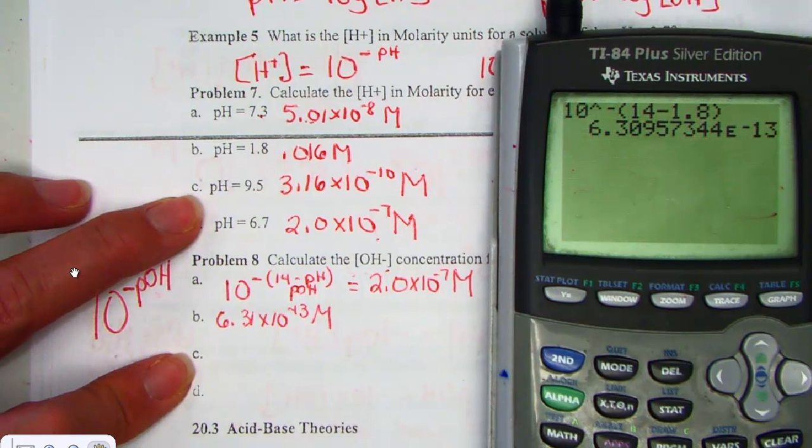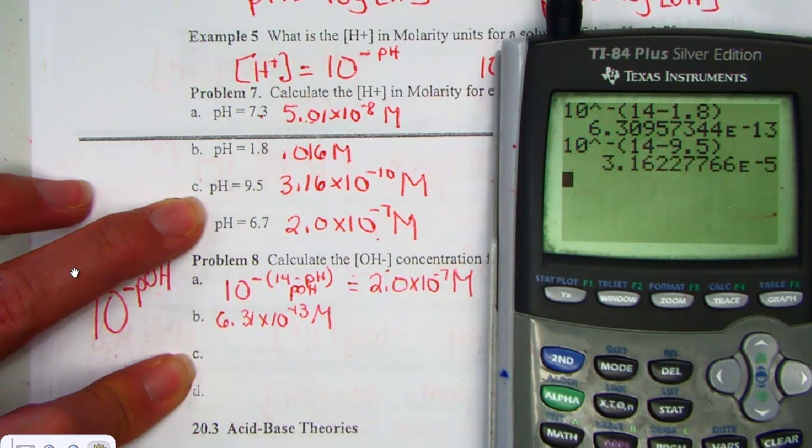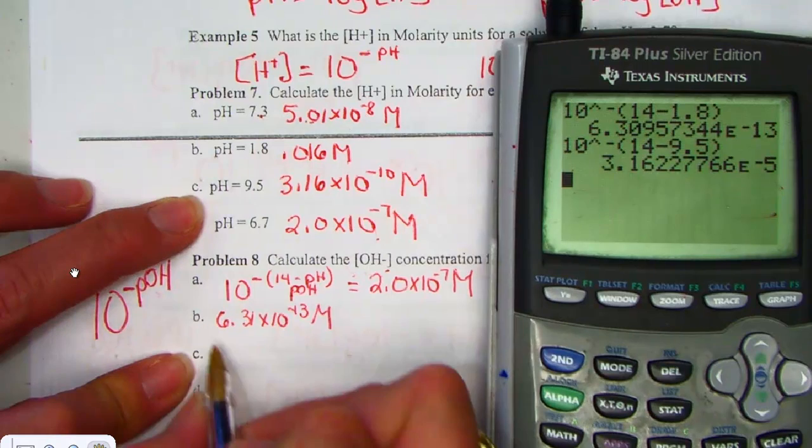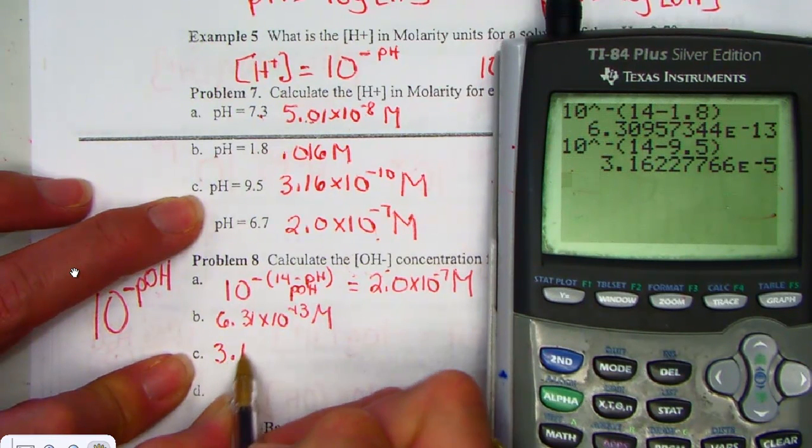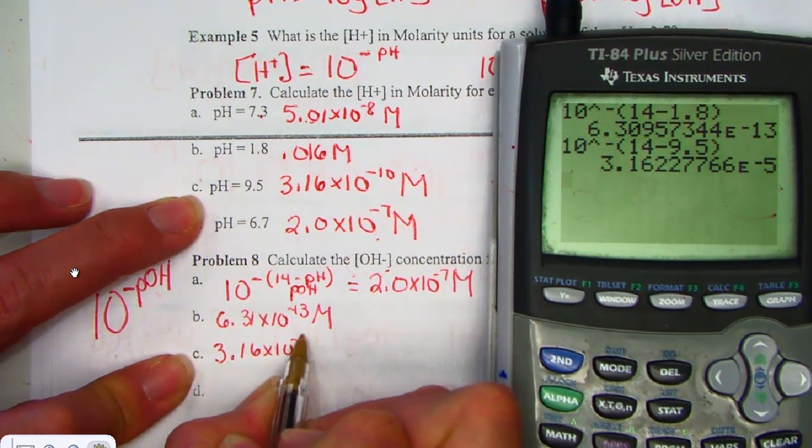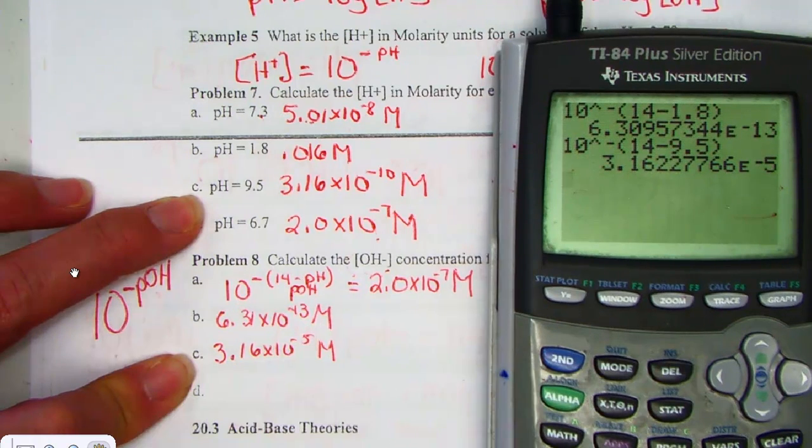Do the next one with me. 10 raised to the negative pOH. To turn pH into pOH, I do the 14 minus trick. 14 minus the pH of 9.5. Hit enter. Our hydroxide, 3.16 times 10 to the negative 5th molar units.